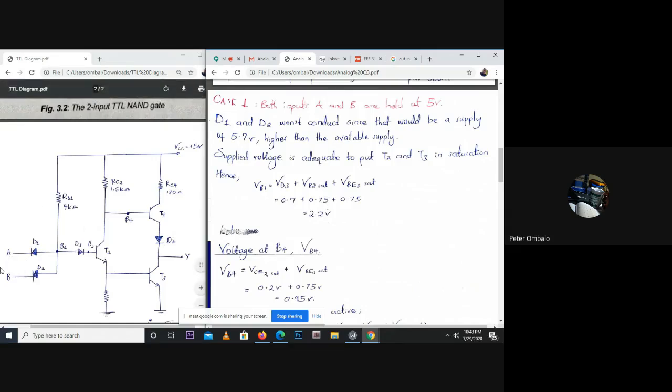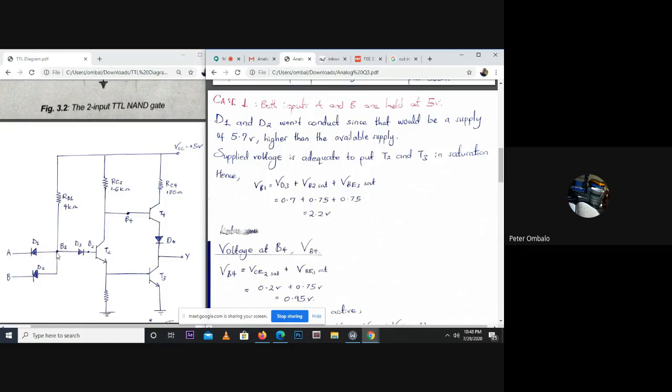So if we have A at 5 volts and B at 5 volts, then diodes D1 and D2 will not conduct, since that would mean the voltage at B1 has to be 5.7 volts. If there's a drop at A, it drops 0.7 and then it's 5, and at B as well.